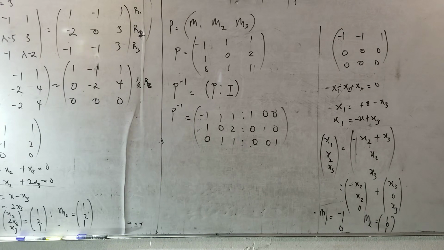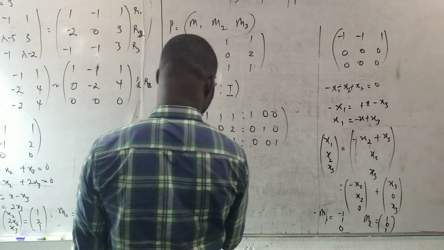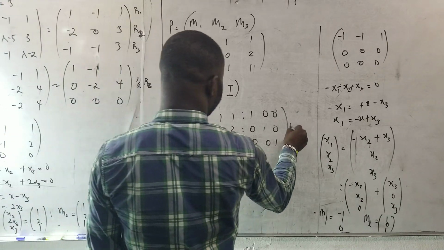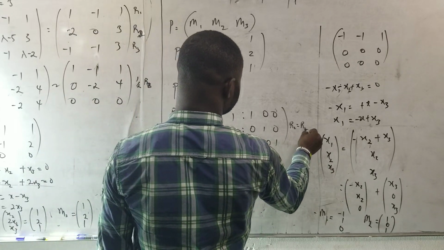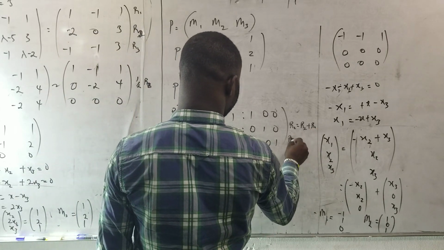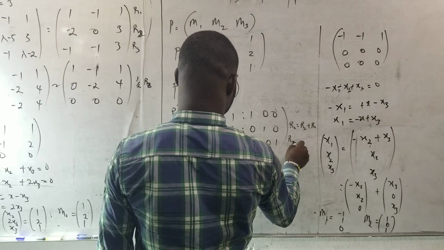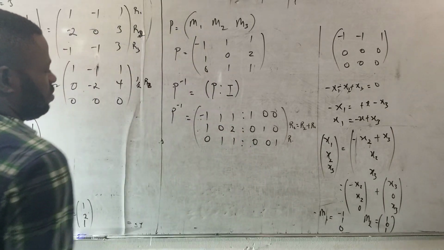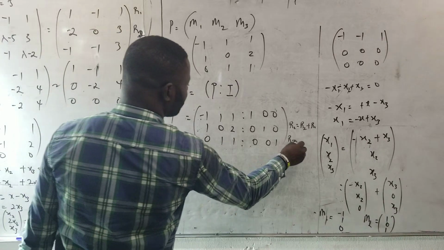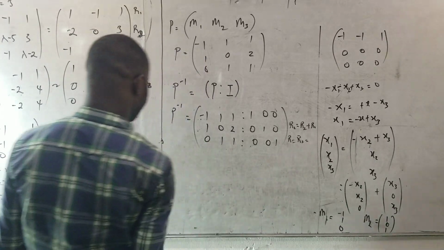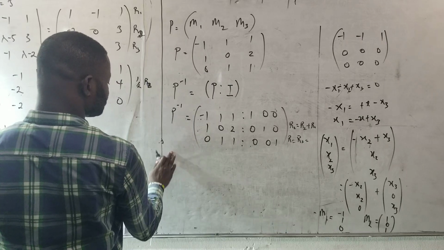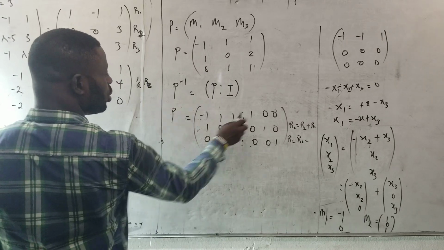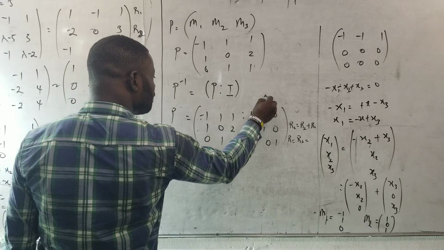The first thing I will do is say that my R2 equals R2 plus R1, and my R3 can remain the same, I don't have any problem with it. Don't forget that anything I get here is called P inverse.